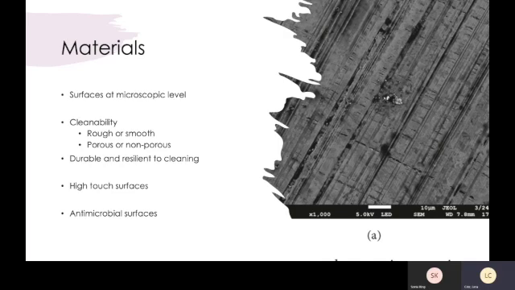From a point of view of cleanability, a rough surface is certainly more difficult to clean than a smooth surface, and a porous surface is certainly more difficult to clean than a non-porous surface. So ideally, we want smooth, non-porous surfaces that we can clean easily, and we want these to be durable and resilient to cleaning and the chemicals that might be contained within cleaning products.